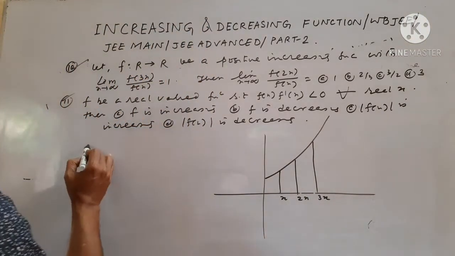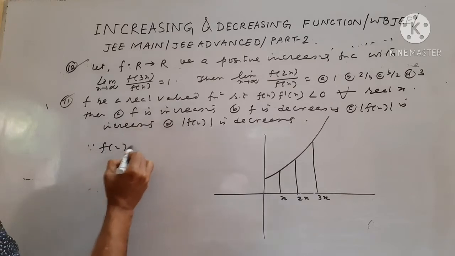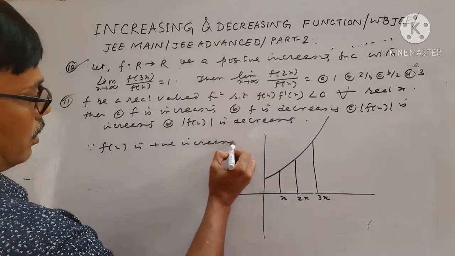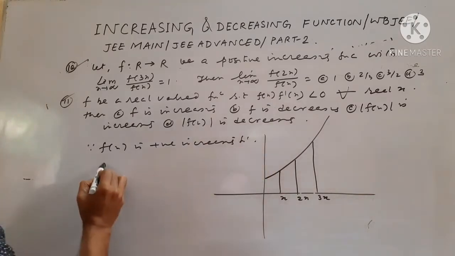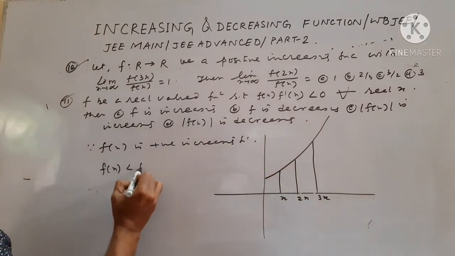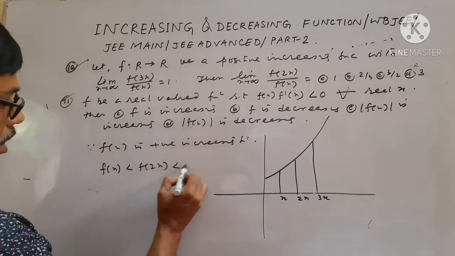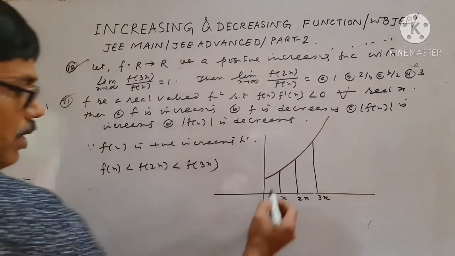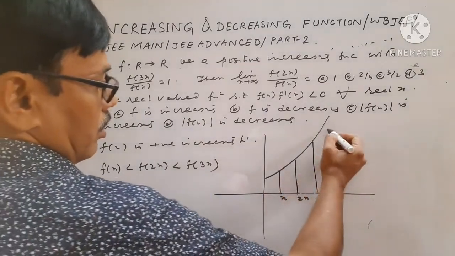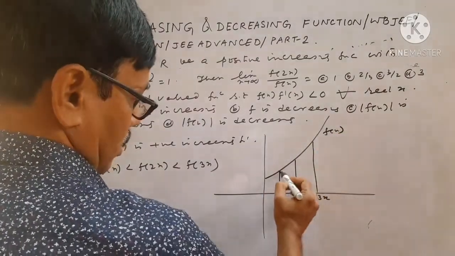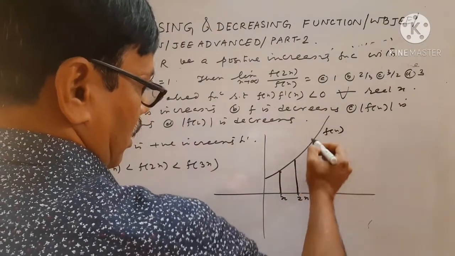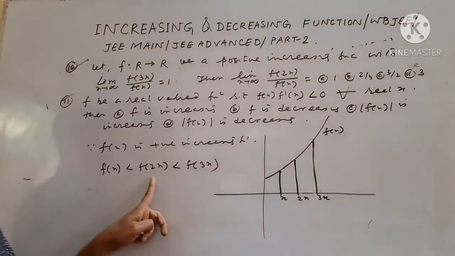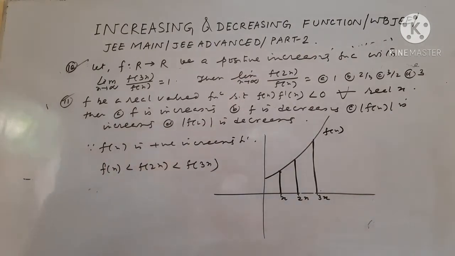So since fx is positive increasing function, fx less than f2x less than f3x. So this is fx, f2x, f3x. fx less than f2x less than f3x.